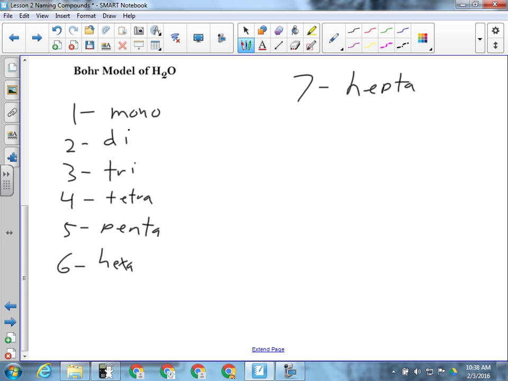Make sure you write it that way. Mr. Real hates it when you write septa. That's the French way, and he doesn't like it. Yeah, he's kind of sticky about that one. Okay, 8, octa. Basically the same as all the shapes, guys. 9, nona. 10, deca. You won't need anything above that.